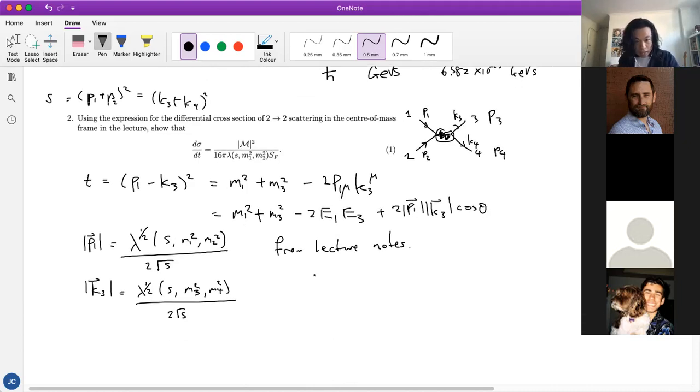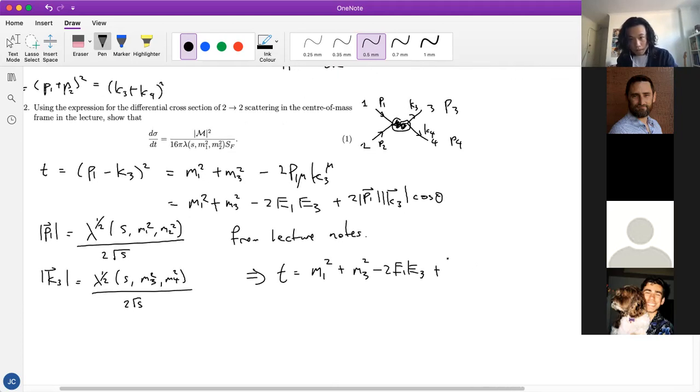So then we get that T is equal to M1 squared plus M3 squared and then all of this ugliness. 2 lambda half S. Let's remove this.